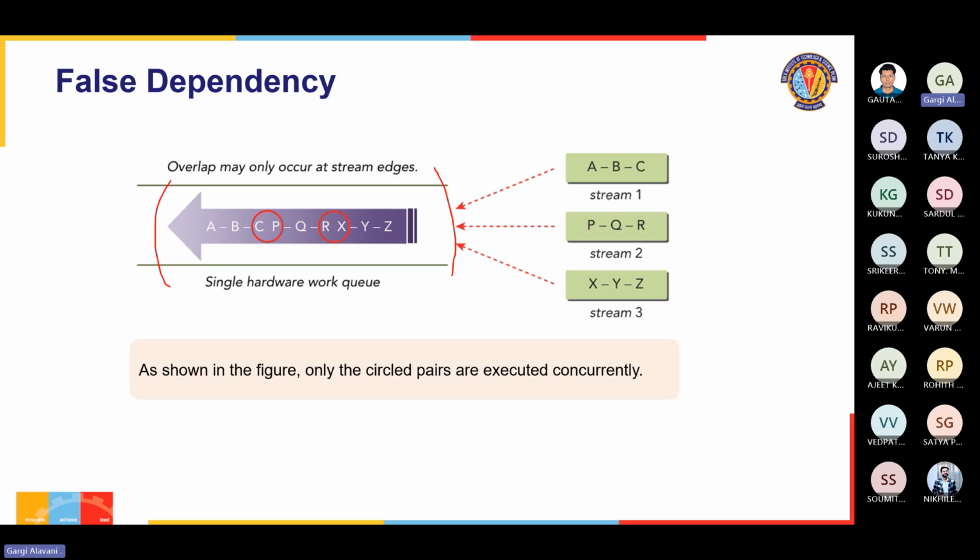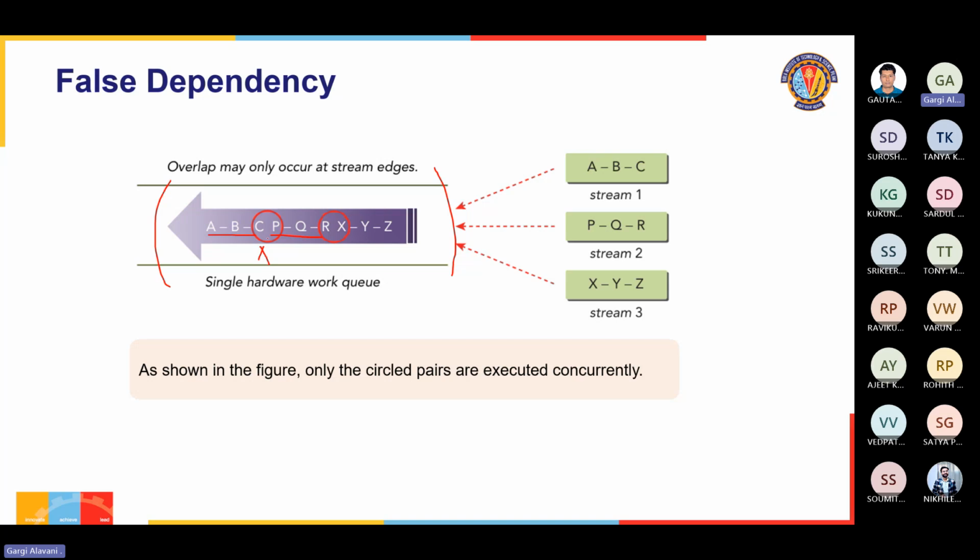If there are three streams where A, B, C are the three tasks, that is H to D, the kernel function, and D to H. Because it was a single hardware queue, ABC and PQR could not be parallelized as such unless they were not using the same data, and there were multiple very complex scenarios where it could work, but in most cases it was not parallelizing.